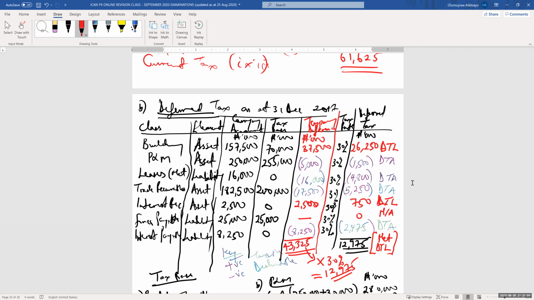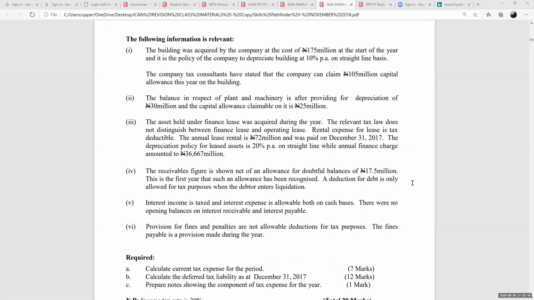Which then means that our deferred tax liability, according to the question, is 12,975. That is our deferred tax liability as at the end of the year.